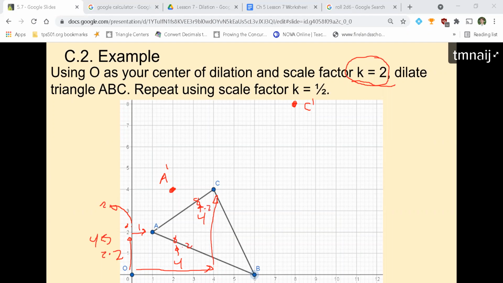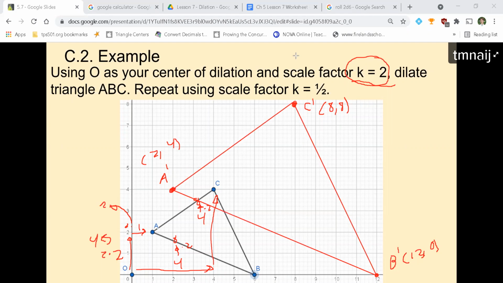And then for B, it's 6 to the right, 0 up. So the new point would be 12 to the right, 0 up. So that's 12, 0. Here's the point A prime at 2, 4, and here's C prime at 8, 8. And then I connect them.